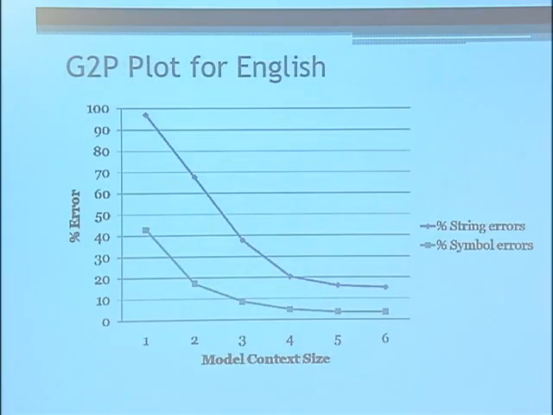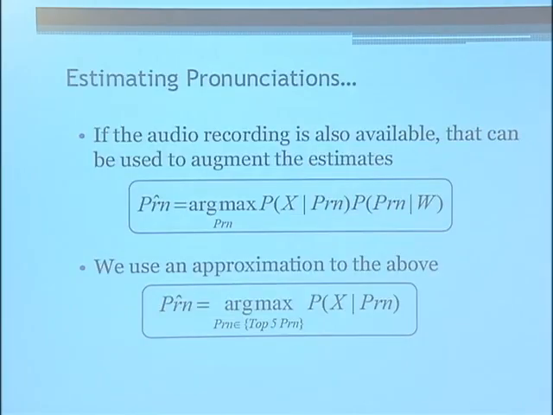For instance, for English, you can see that the percentage error on the vertical axis is decreasing as we iterate the models and increase the context size of the graphones. From more than 90% error, we get around 15% error for strings. And you can take it from here.